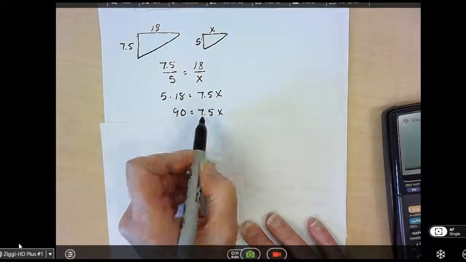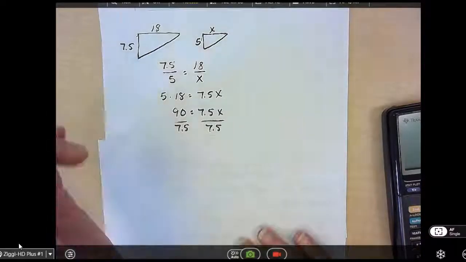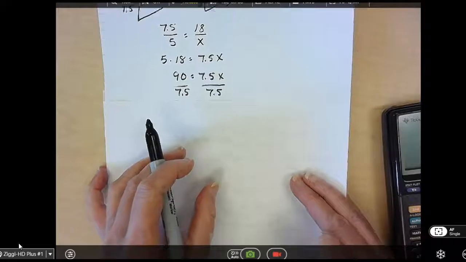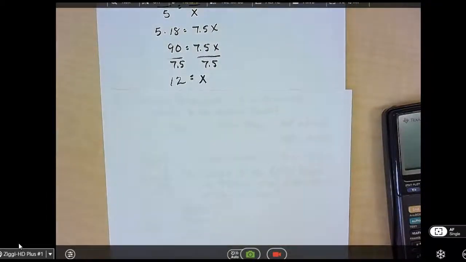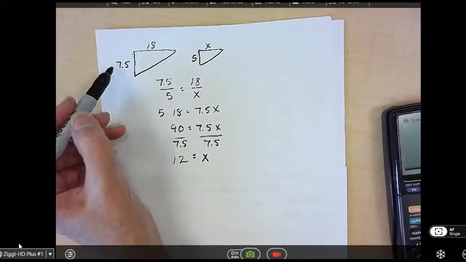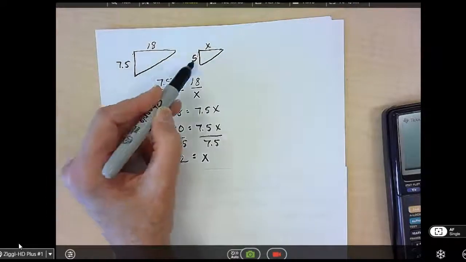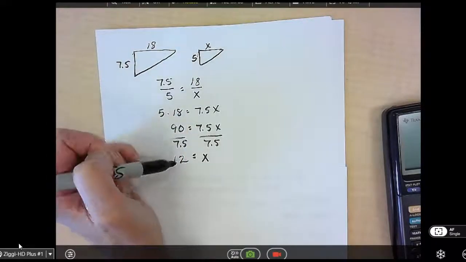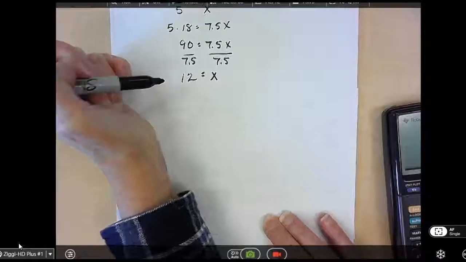Now I'd have to come back 7.5 times X and divide both sides by 7.5. When I put that in my calculator, 90 divided by 7.5 is 12. So just because the problem originally started out with decimals and looked like it was going to be a hard number and fraction to figure out, it doesn't mean you're going to end up with a nasty answer.